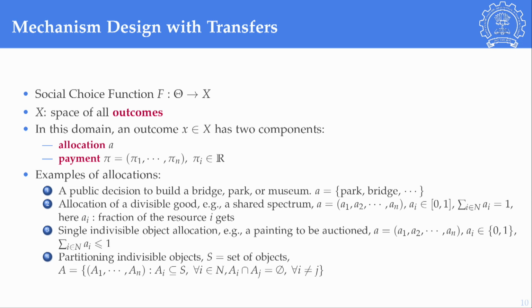So the set of allocations is some partition of this set S. Each A_i is a subset of S, and they are disjoint, and together they might not even make the entire set. That means some of the objects are unallocated. I have not put that the union of the A_i is equal to S, it might not be the case. So all these things are the set of all possible allocations.